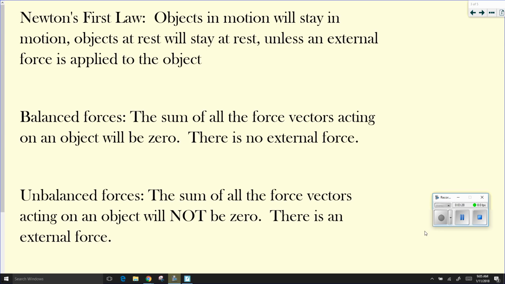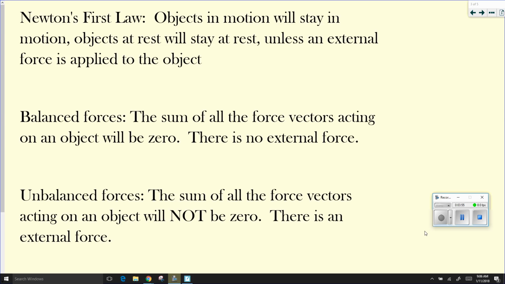So when we define balanced forces, we can say balanced forces are the sum of all forces acting upon an object, and when I add all of those vectors together, their sum will be zero. There is no external force acting upon the object. Just like you saw with the table and book example, there is a normal force and a gravitational force.